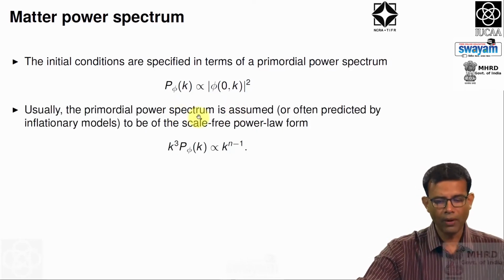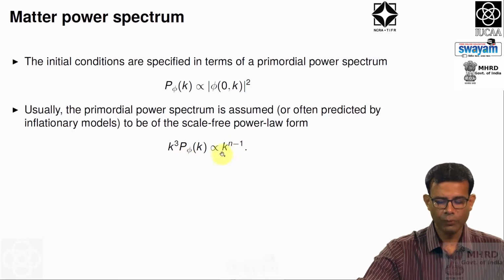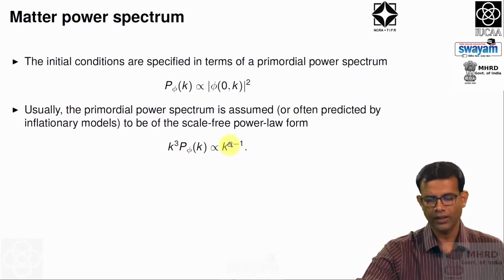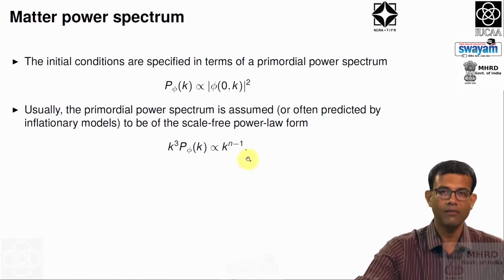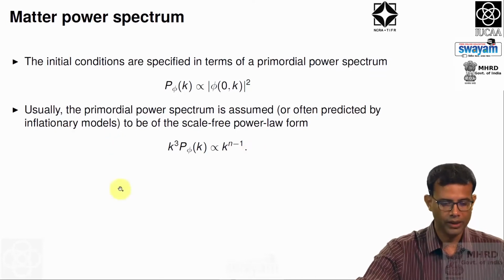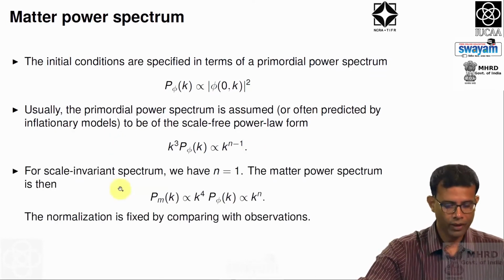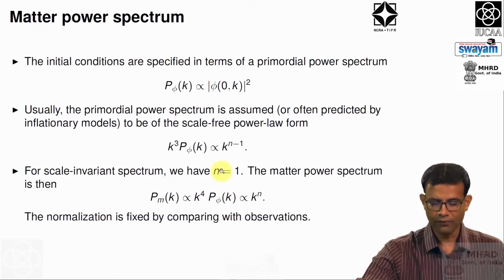Usually the primordial power spectrum is assumed to be of the scale free form like this. So, you say k cubed P of phi is proportional to k to the power n minus 1. This type of behavior is often also predicted by inflationary models, which give you a paradigm for generating perturbations through quantum effects. If the spectrum is scale invariant, then you have n equal to 1, then you have the same power at all scales.